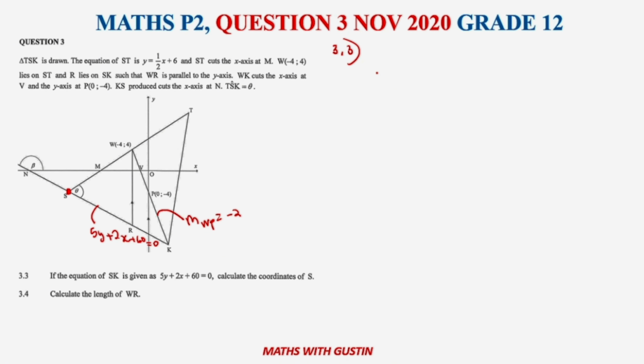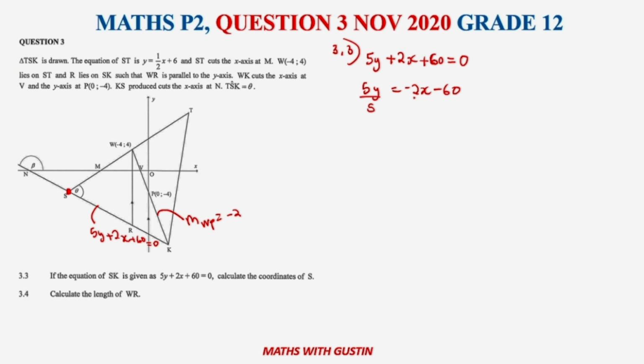Okay, great stuff. Let's start with SK and simplify it. It's given by 5y plus 2x plus 60 is equal to 0. The only thing we need to do here is to make y the subject of the formula. We take everything that side, so 5y equals -2x minus 60.